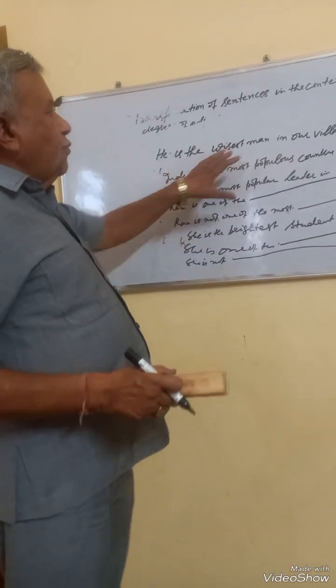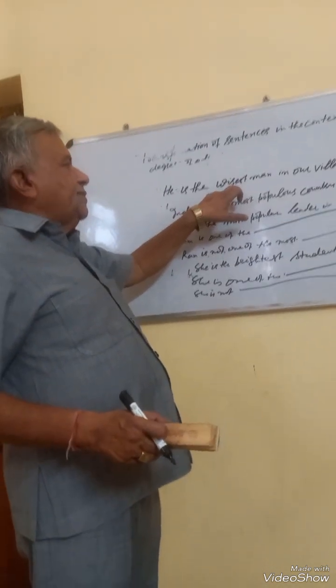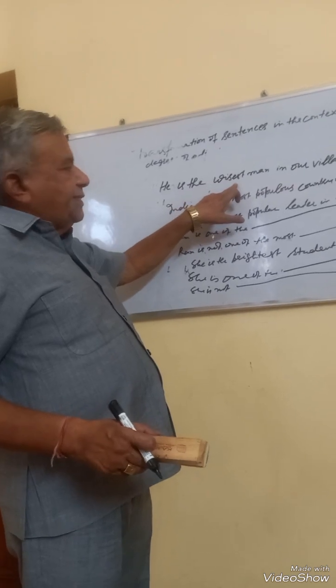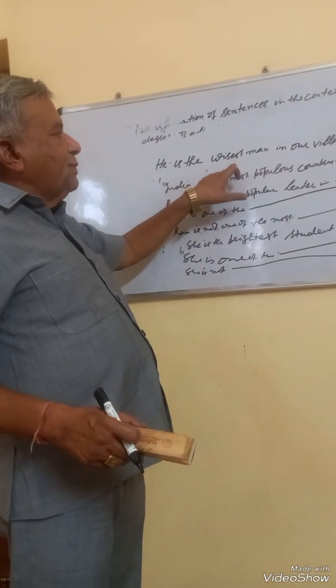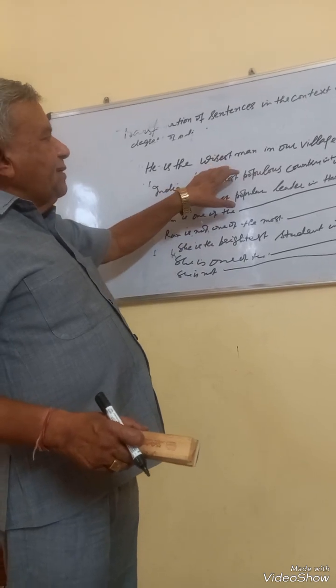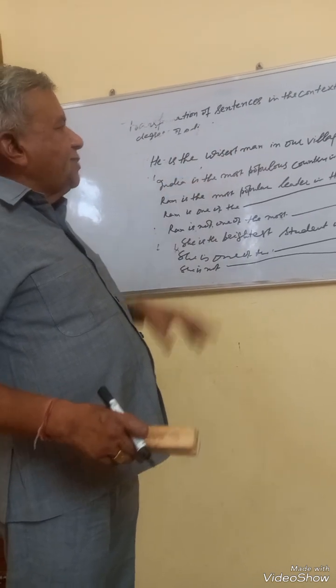Now, from superlative degree, we are to change the sentence using comparative degree and positive degree. What changes will have to be made? They have to be carefully kept in mind. Only then can such changes be made.